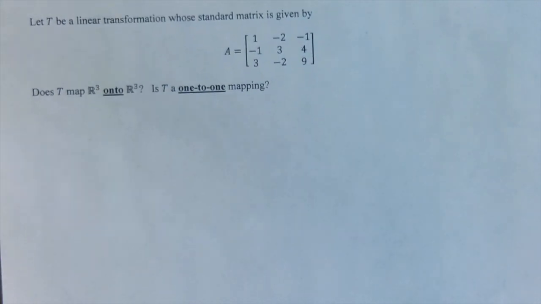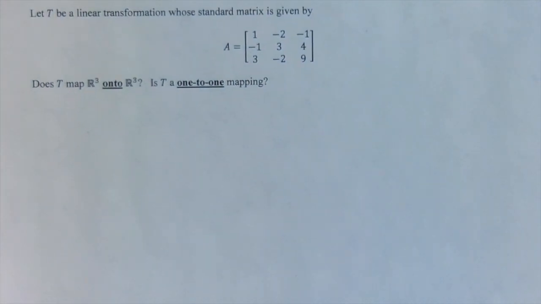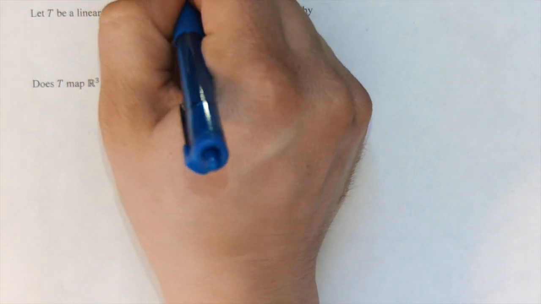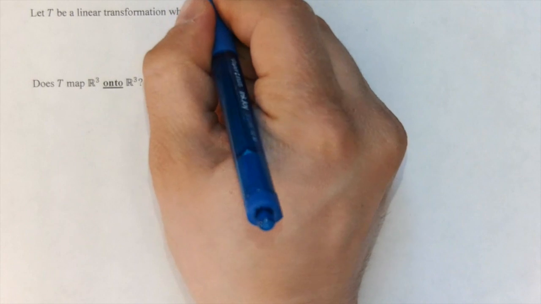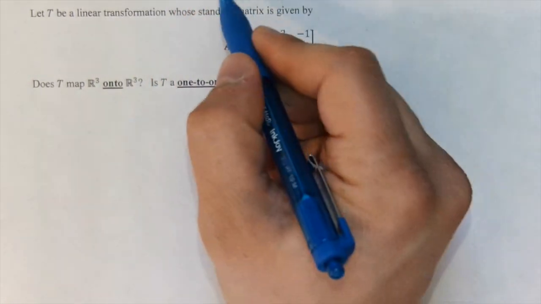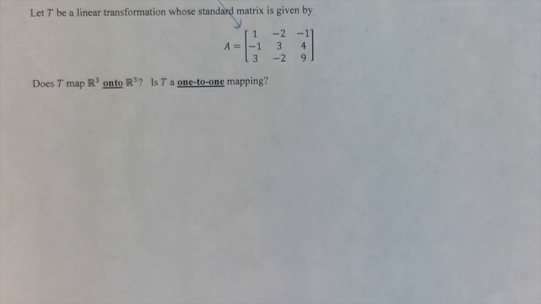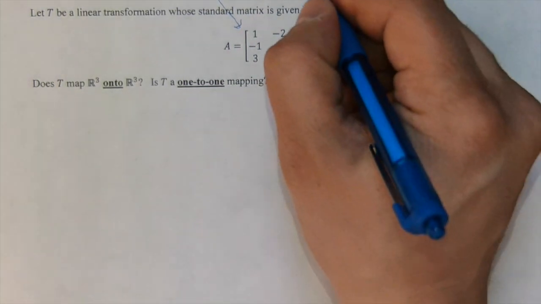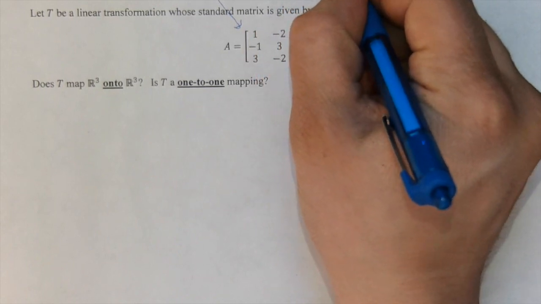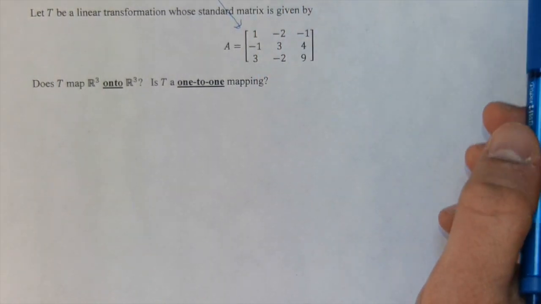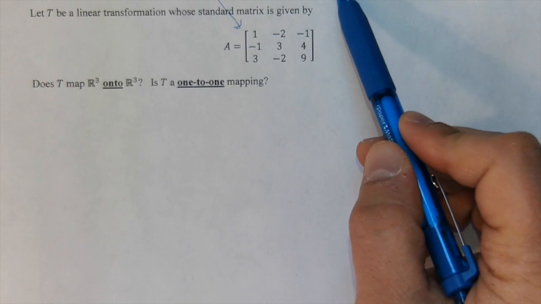So here is a linear transformation represented by some matrix. In this situation, we're thinking about some linear transformation acting on vector x, and it equals A times that vector x, where this A is the matrix that we're given. A is a 3 by 3, and so it takes things from R3 and sends them to R3 as well.